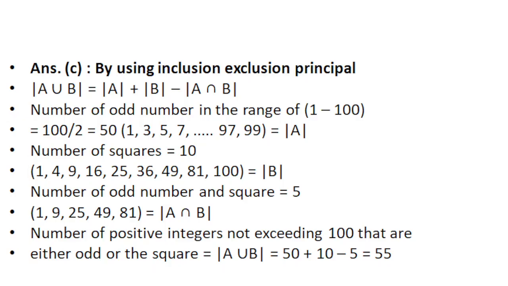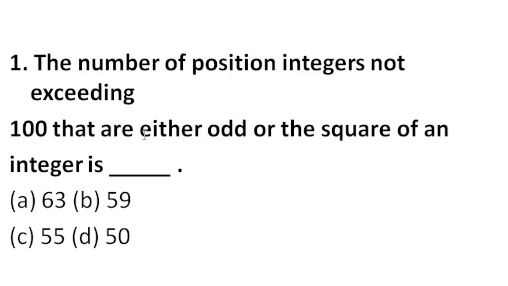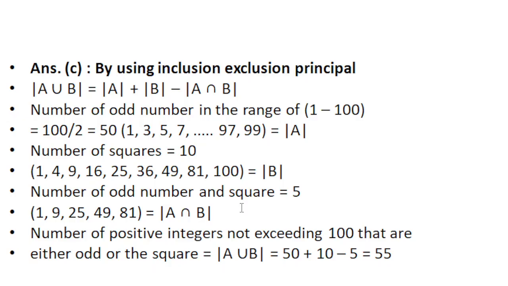The second condition is the square of an integer. If we take 1, 1 square is 1, 2 square is 4, 3 square is 9, up to 10 square is 100. But 11 square is 121, which exceeds the range, so we can't consider that. So in total we get 10 numbers, that is, the number of elements in B is equal to 10.